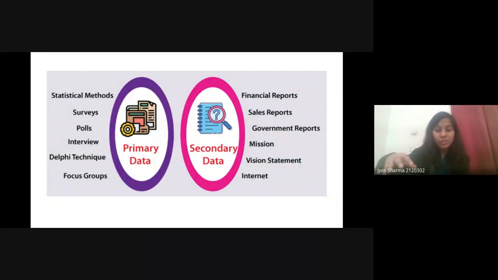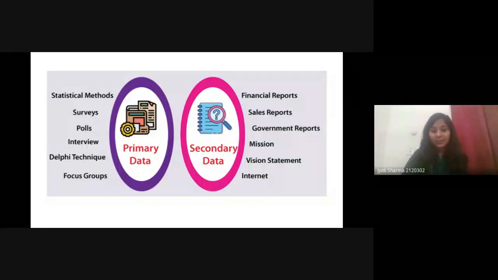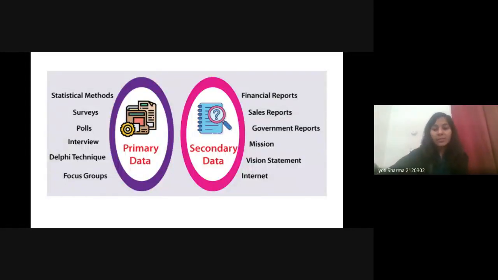From that publication, you are getting data of your area of interest. So this is the secondary data set. Most of the time, whenever we are reading a research paper, in the introduction you have the literature review. Literature review is nothing but referring to different articles and comparing them to each other. So this is the secondary data.